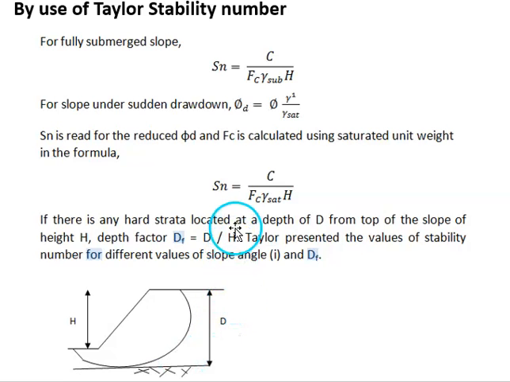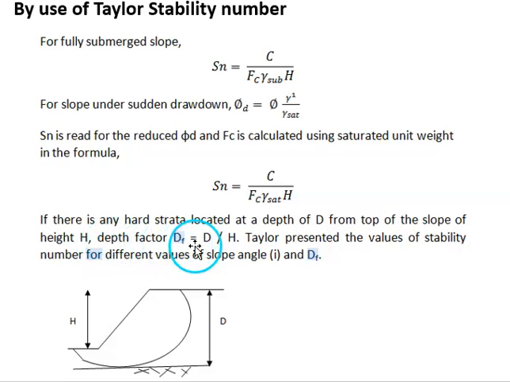Then if the slope is saturated, then we should take the saturated unit weight in the equation. Suppose the slope has one hard stratum located at a reasonable depth below the toe, then there is a possibility of compound failure. In such cases, we have to take the factor called depth factor into consideration.